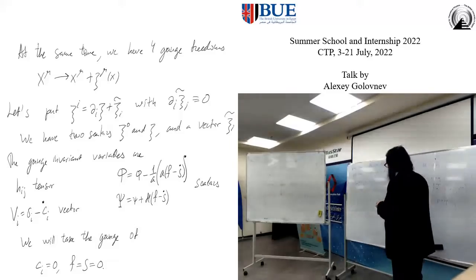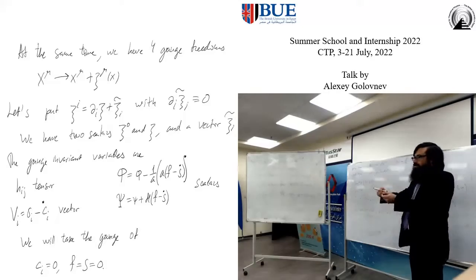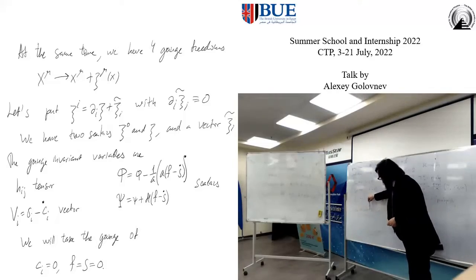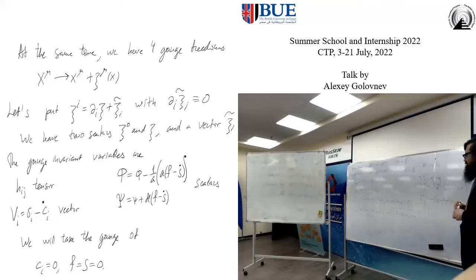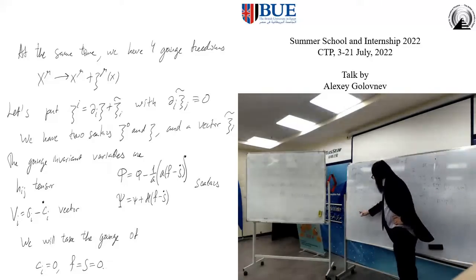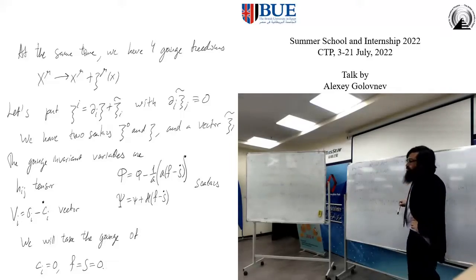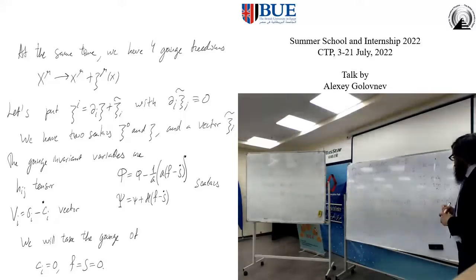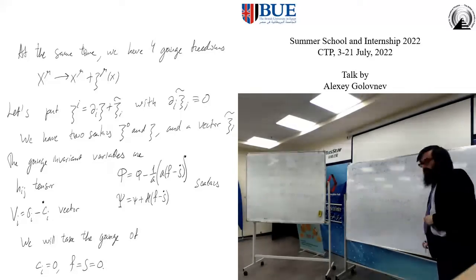From the point of view of SO(3) rotations, this gauge transformation has two scalars, a time component and the gradient part of the spatial components, and one vector, the divergenceless part of the spatial components, which means that by doing a gauge choice, I can kill two scalars and one vector. So the choice which theoreticians very often like to make is to kill f and s and to kill the vector c.